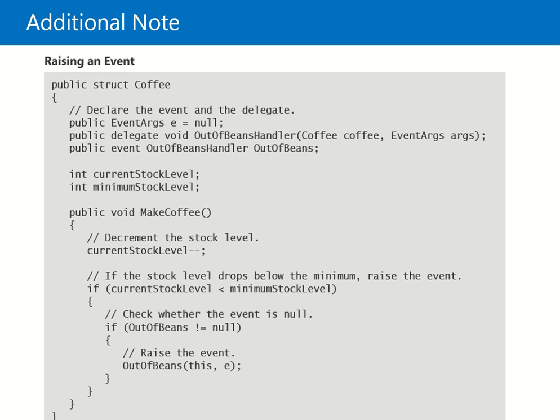Now, let's say you create a structure, public structure coffee, and then you declare the event argument. By default, the event argument is nothing. Event arguments E is nothing. Event arguments don't have any argument.